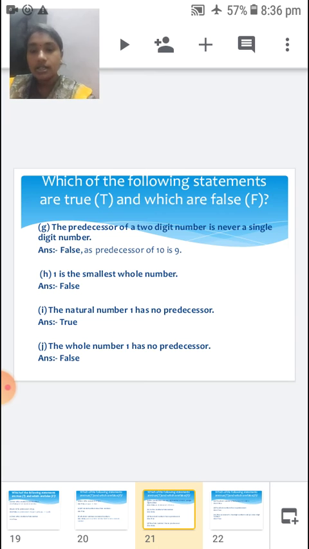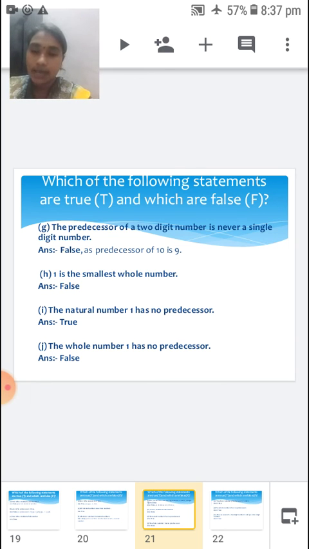Okay, children? So next we have another question. 1 is the smallest whole number. So as we have said, 1 is not the smallest whole number. What is the smallest whole number? 0. Right? So hence the above statement is false.